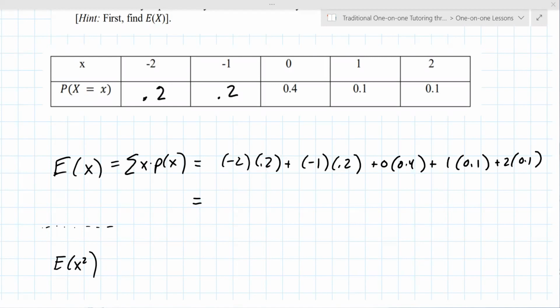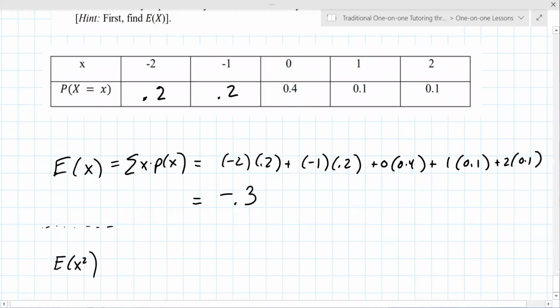Yeah, I know what you mean. Okay, I got -0.3. That sounds reasonable.